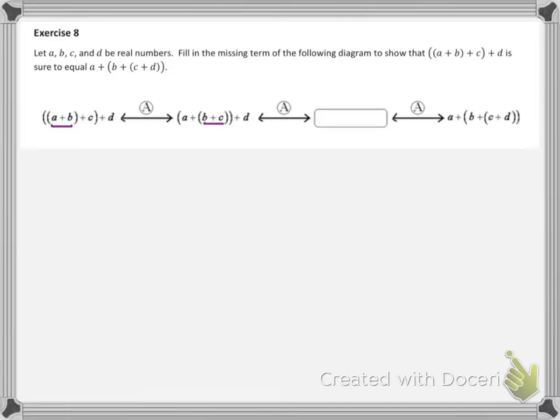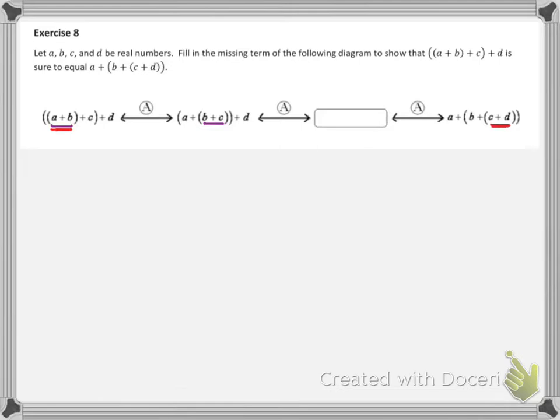And then we have another associative property happening, and we're going to have to say what that change is. So instead of the grouping that we have now, we're going to get a new grouping. And if we follow the pattern here, you can see that our A plus B was originally grouped, and in our end, our C plus D is going to be grouped.